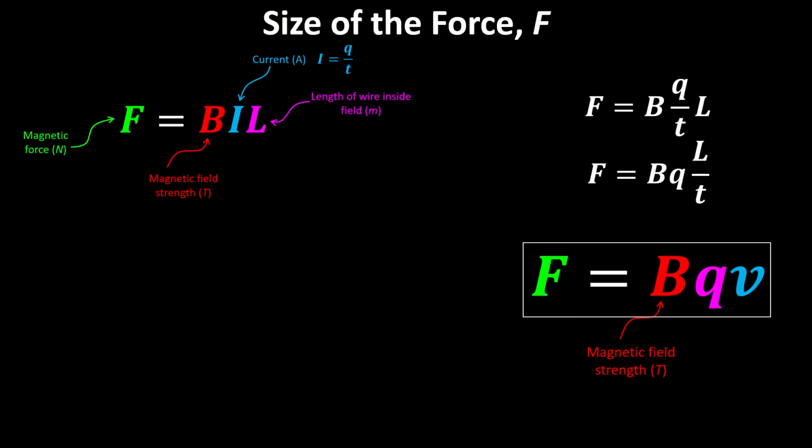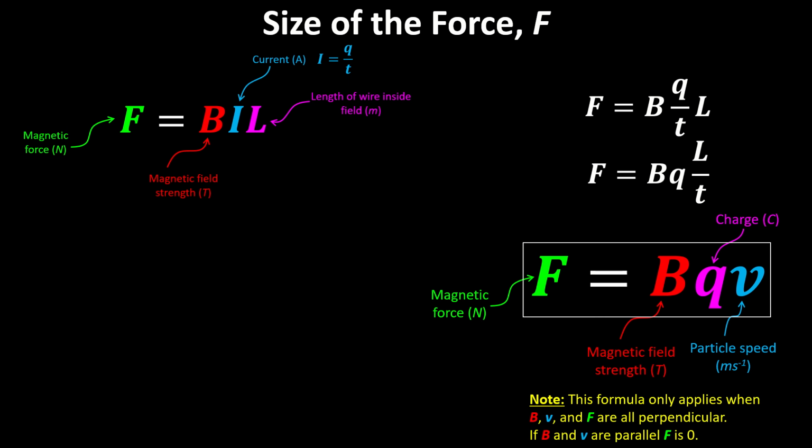We take the magnetic field strength in Tesla, the charge in coulombs, and the particle speed in meters per second, multiply them together, and we get the magnetic force in newtons. Also note that formula only applies when B, V, and F are perpendicular. If B and V are parallel, the force is 0. So that's how we calculate the size of a magnetic force.